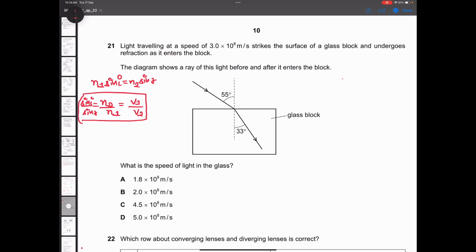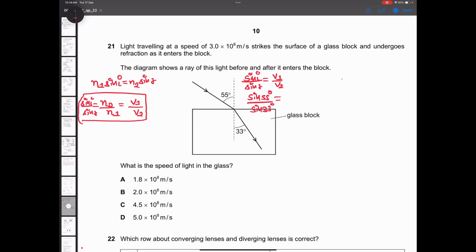I'll solve it for you using both. First let's do it using sin i over sin r equals v1 over v2. We're trying to find the velocity. So sin i is sin 55 and sin r is sin 33 degrees. v1 is the velocity in medium 1, which is air, so 3 times 10 to the power 8, and v2 will be the velocity in glass.